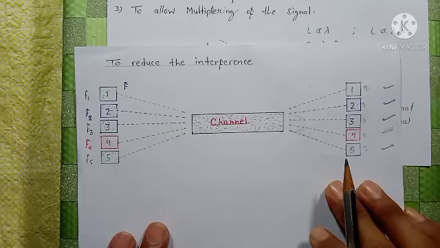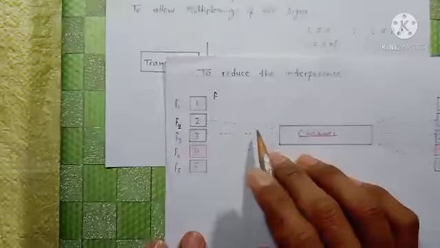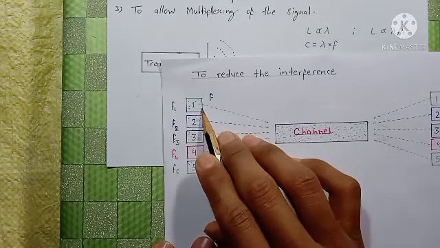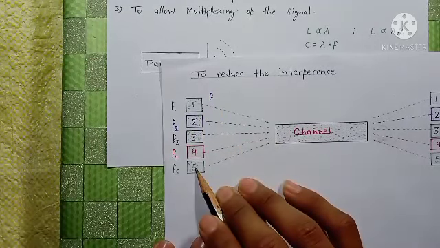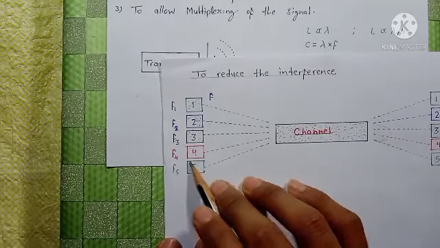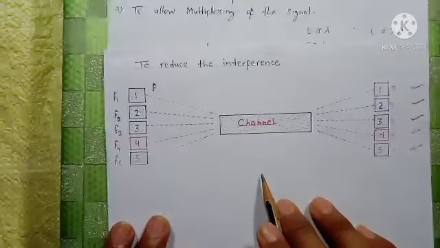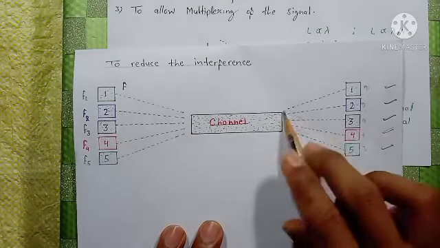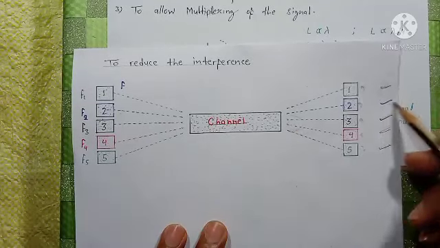But if each signal is modulated at a different carrier frequency, where f1 is the frequency of message signal 1, f3 is the frequency of message signal 3, and f5 is the frequency of message signal 5 respectively, and all the carrier frequencies are relatively far away from each other, then there will not be any interference, all the signals can be demodulated at the receiver, and the message signal of its transmitter can be retrieved.